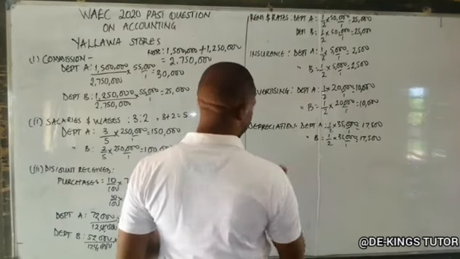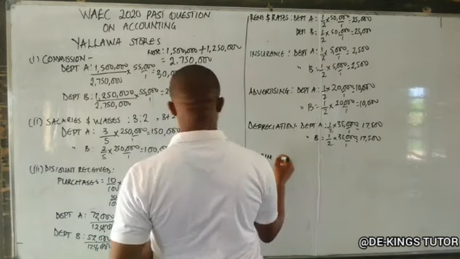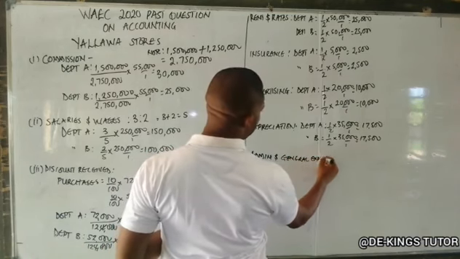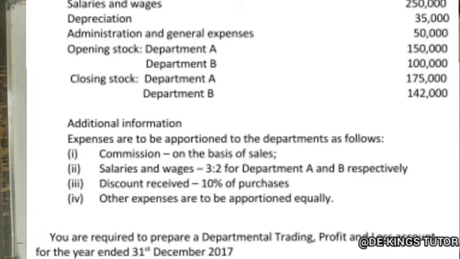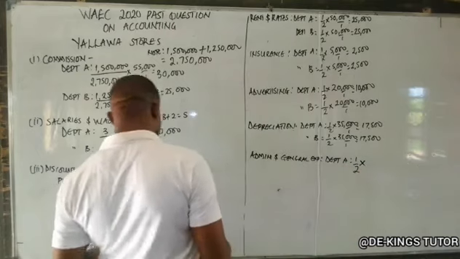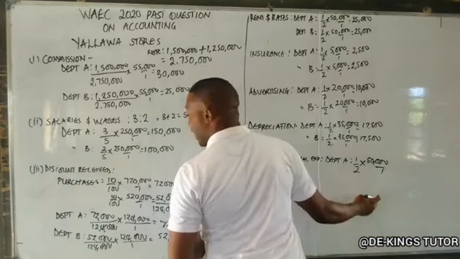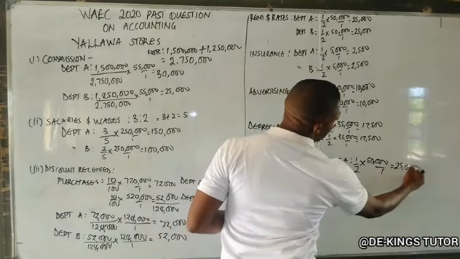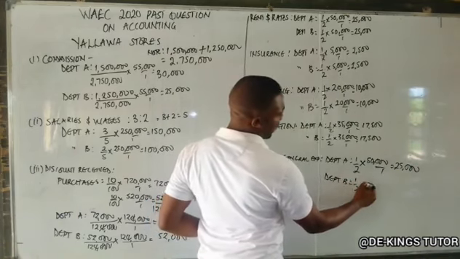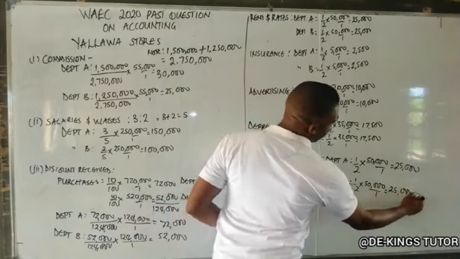For Department A, we have half. So what is the amount paid? 50,000. So half of 50,000 will give us 25,000. So also for Department B, half of 50,000 will give us 25,000.